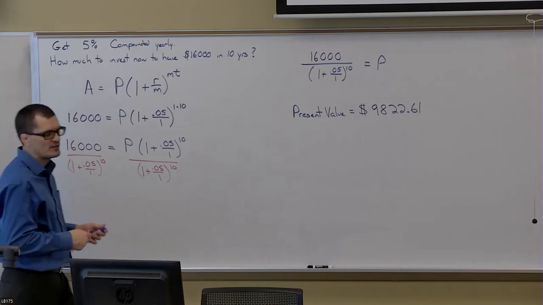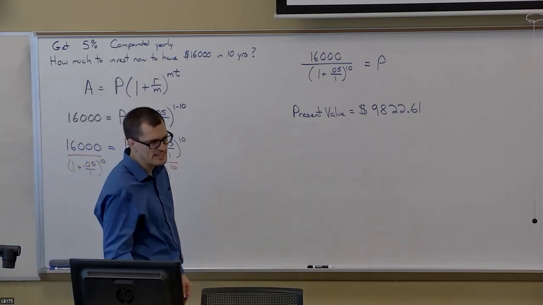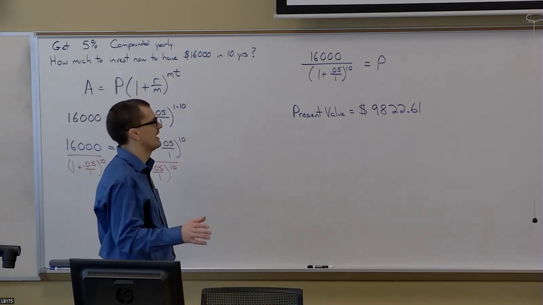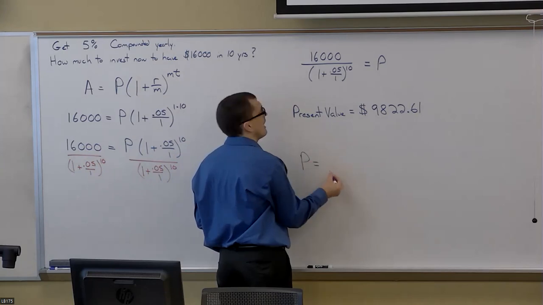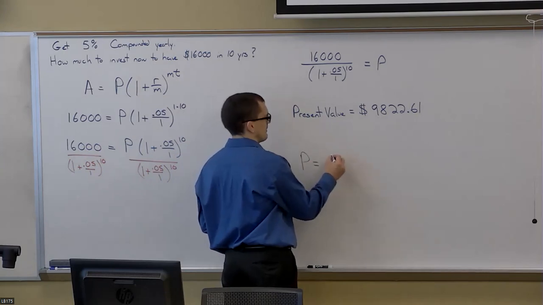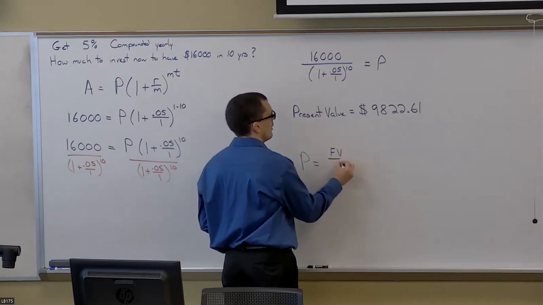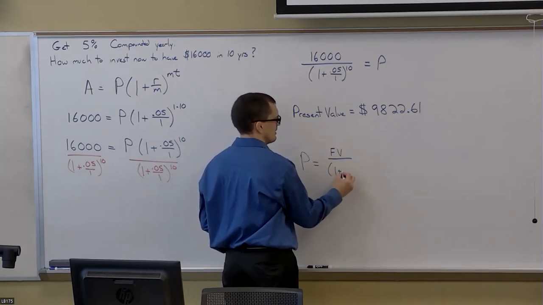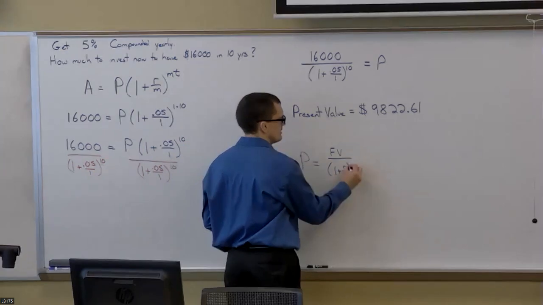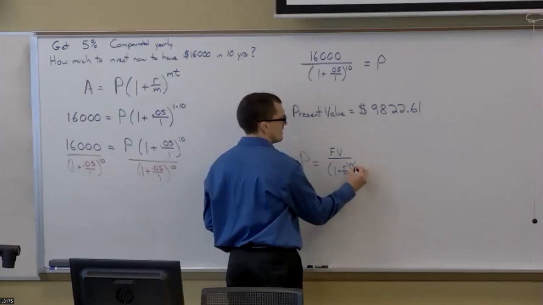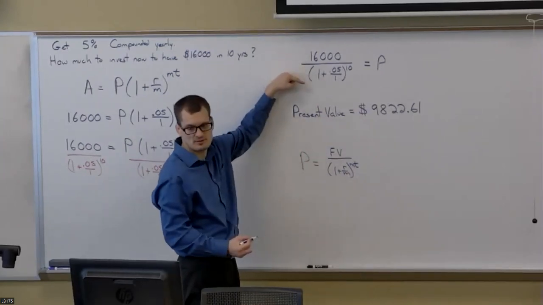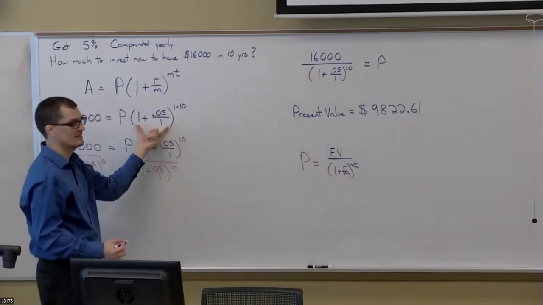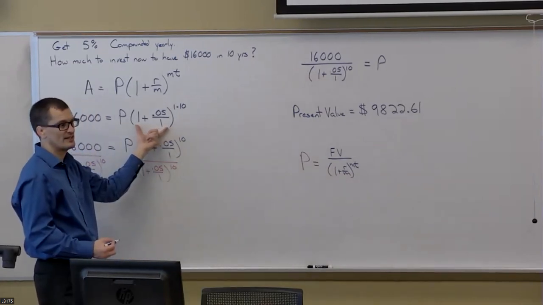Now, if you see later in life somebody saying, well, the present value, I use the formula future value over 1 plus R over M to the MT, you'd say, yeah, that's just what we get when we divide both sides by this thing, right?